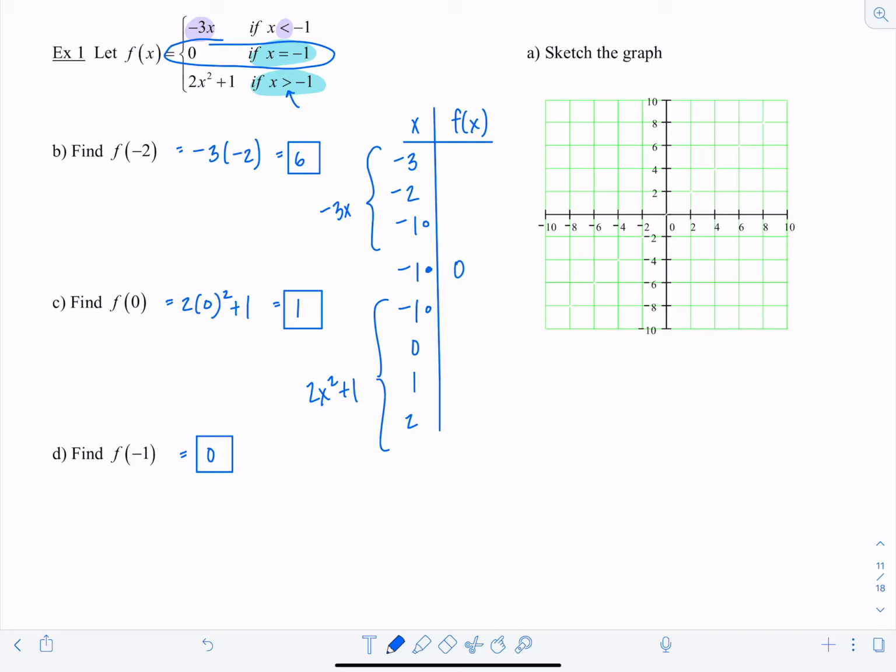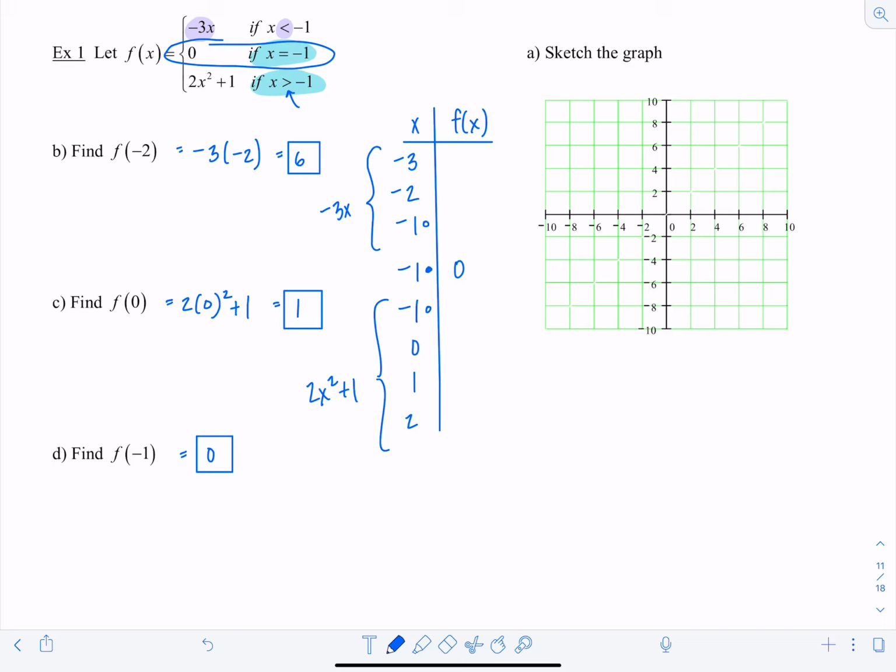I have to repeat -1 on the graph because since x is strictly greater than -1, it can get as close to -1 from the right side, but not equal it. So you don't want to cut it off at like -0.5, -0.6, because you can always get a wee bit closer, a wee bit closer. So you just include the endpoint on your graph, but you use an open circle.